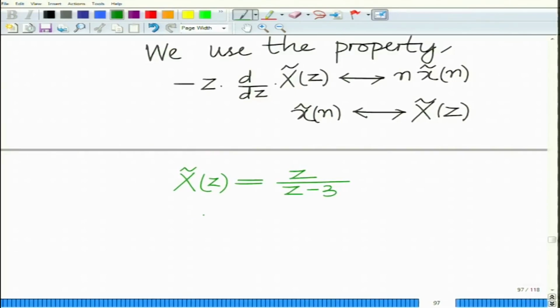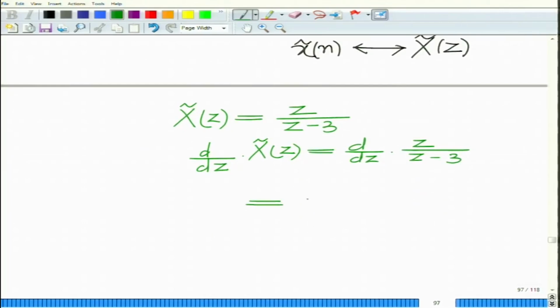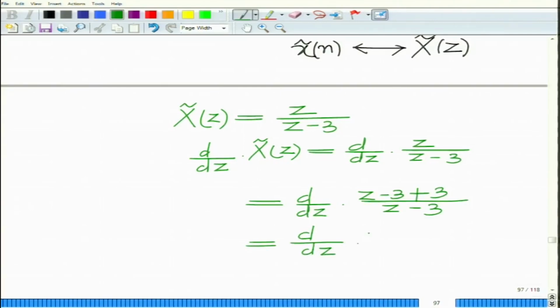Now differentiating this, d over dz of X tilde(z) equals the derivative of z over z minus 3, which is the derivative of 1 plus 3 over z minus 3.